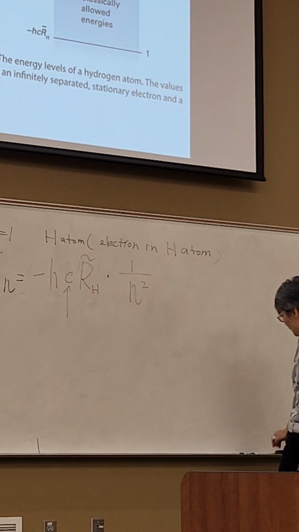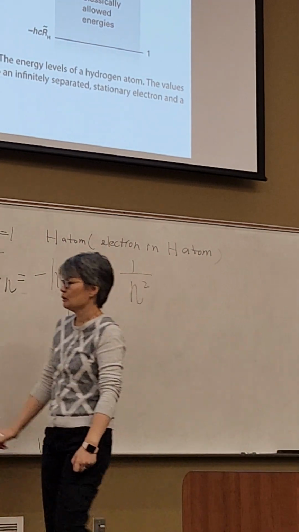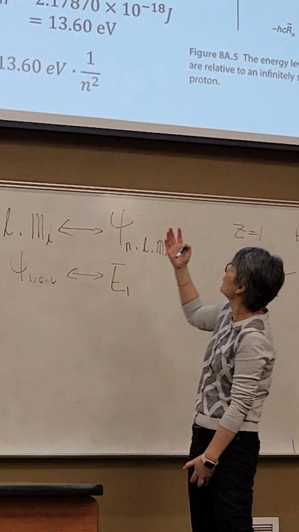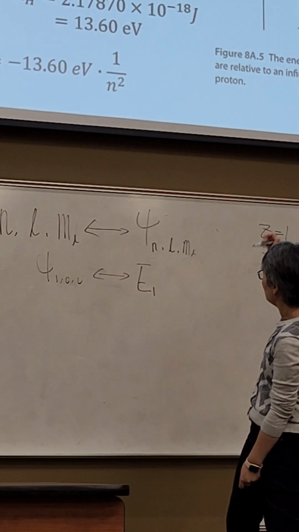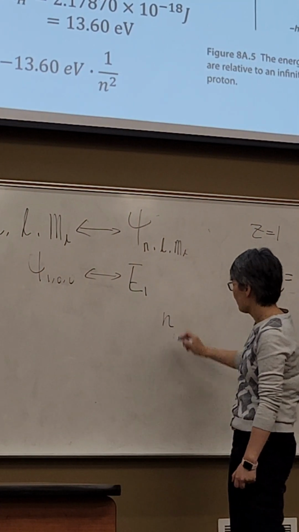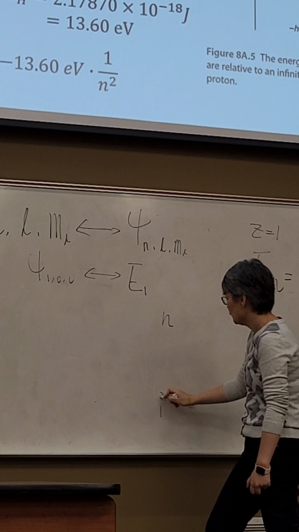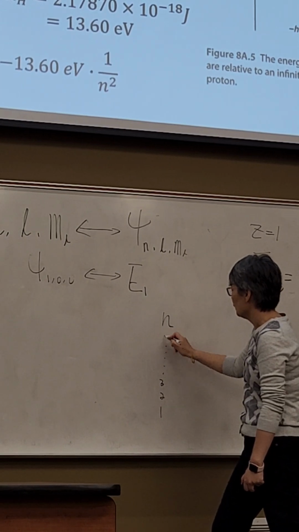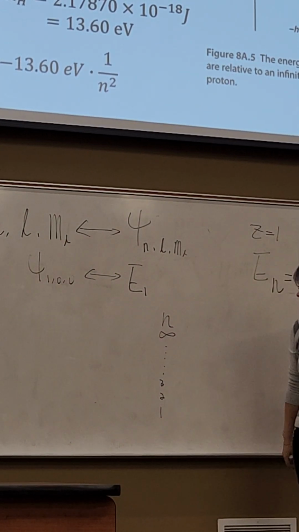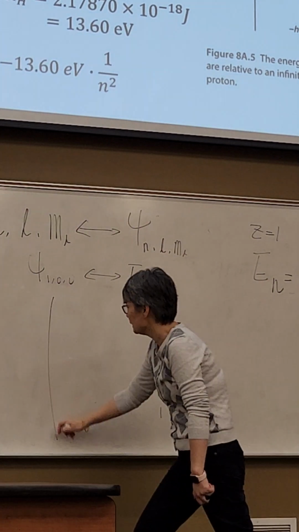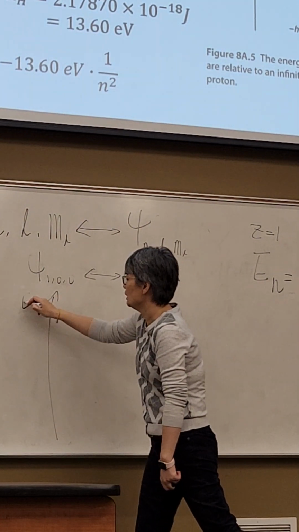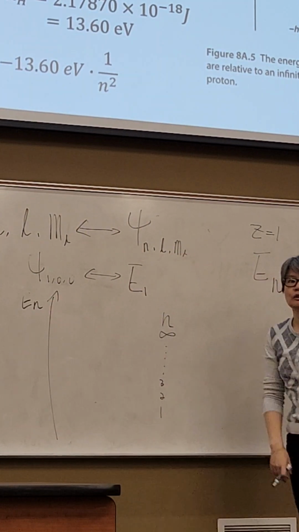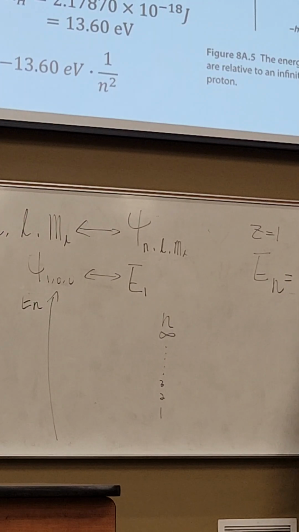Now I can draw an energy diagram as I wish. I can represent this whole thing in terms of the quantum number n, starting with 1, 2, 3, and going all the way to infinity, with an axis for the energy corresponding to n.